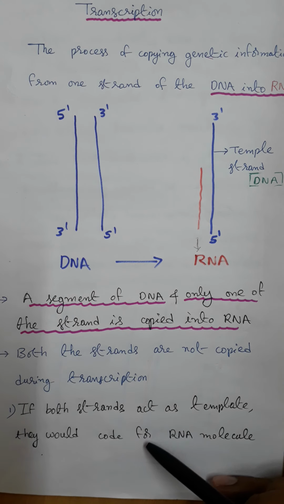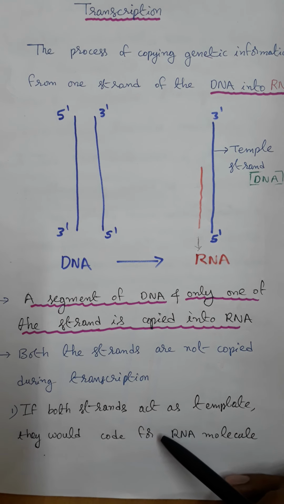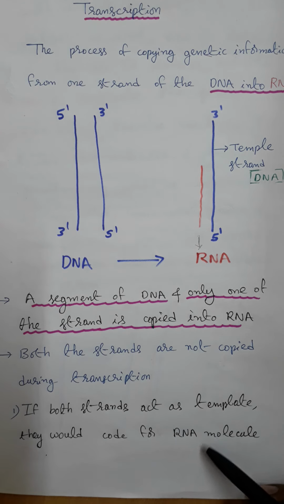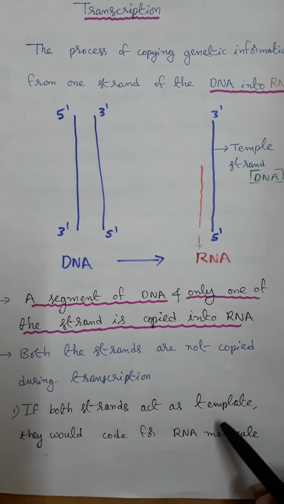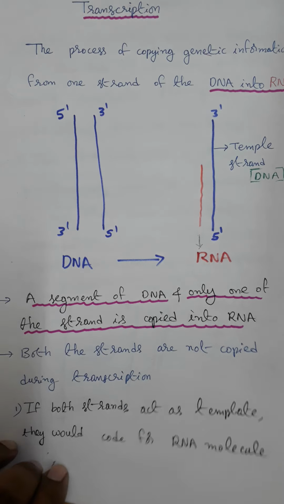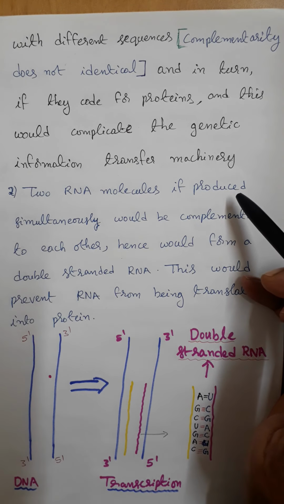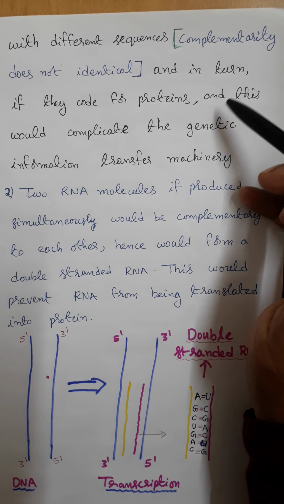Why are both strands not copied during transcription? What will happen if both the strands act as templates? They would code for RNA molecules with different sequences, complementary, not identical.